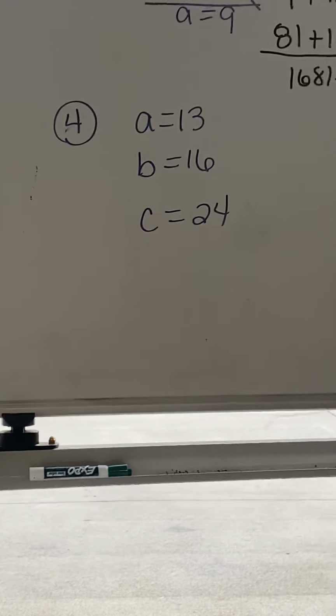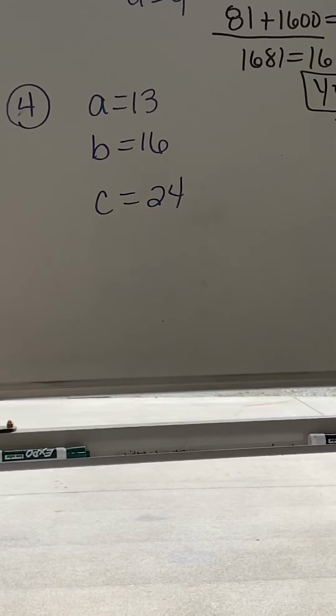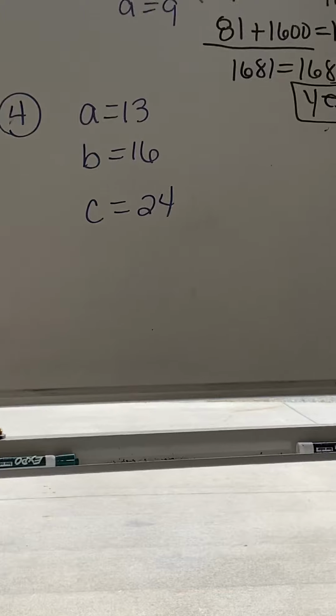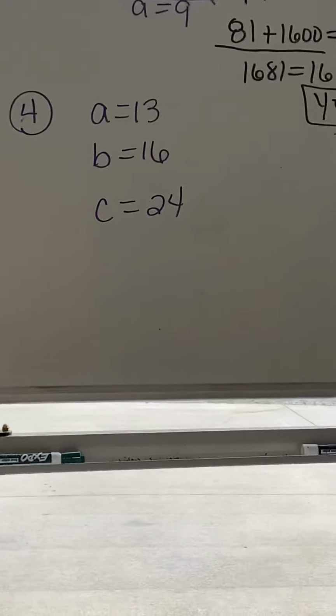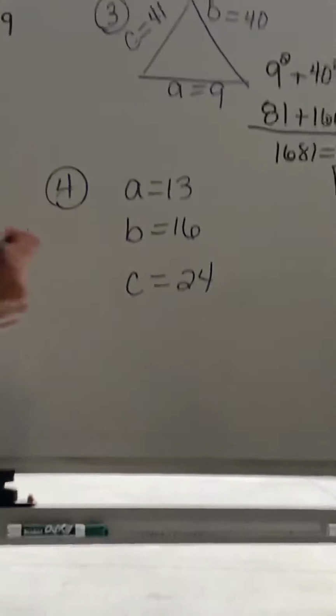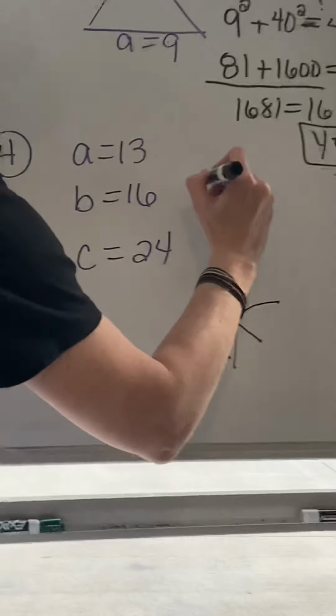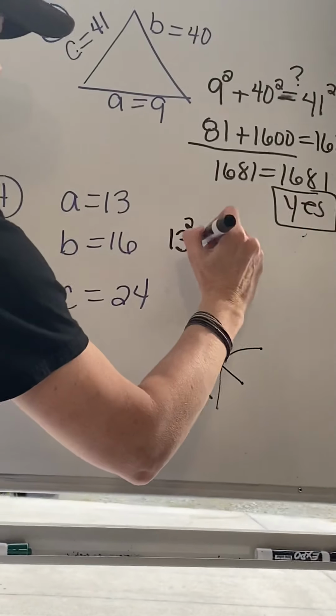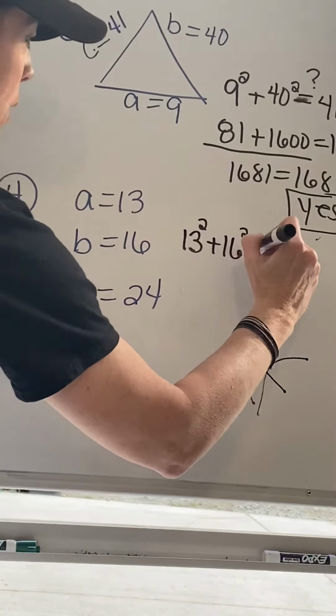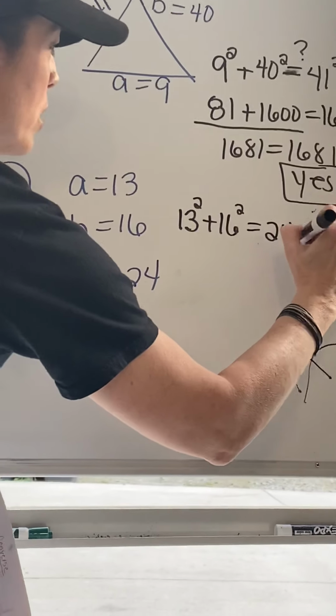And then the last one, number 4, they didn't even give you a triangle. What we have are just 3 values, one for A, B, and C. So you plug them into the formula just like we were doing before. I want to know if 13 squared plus 16 squared is 24 squared.